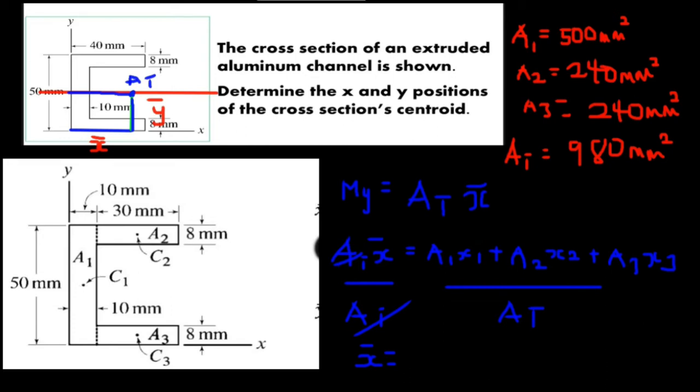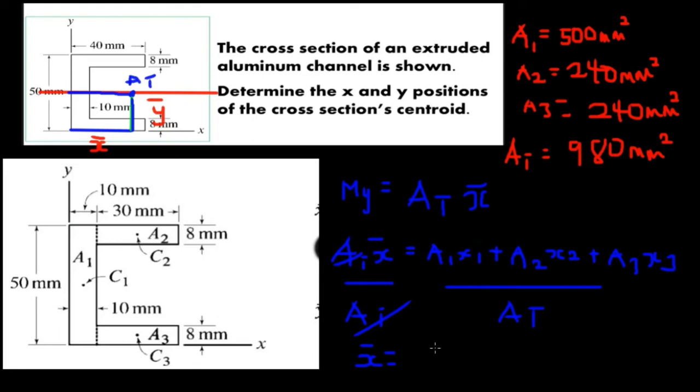So let's locate this short distance. This is area 1, so I'm going to move from there to the y-axis. That will be this distance, and that's half of this 10 that we have here. So that will be 5. So the distance x1 is 5.